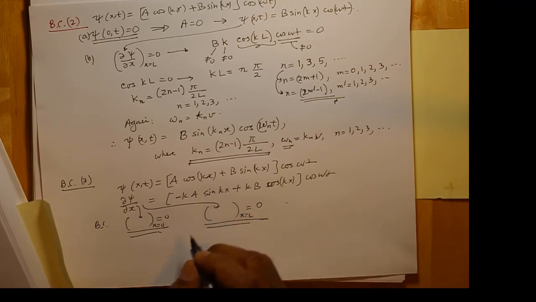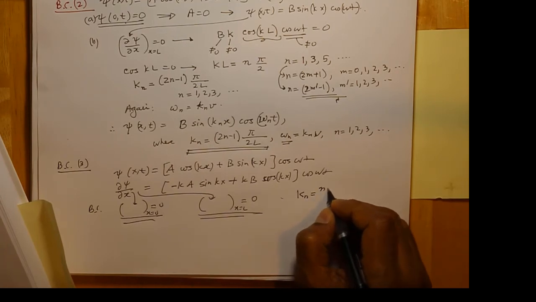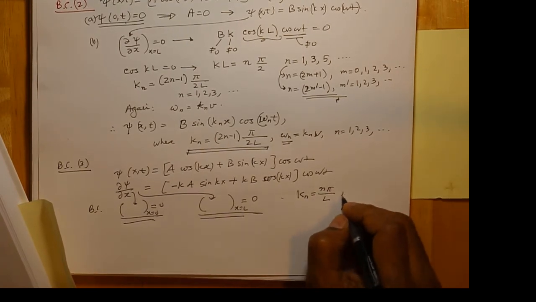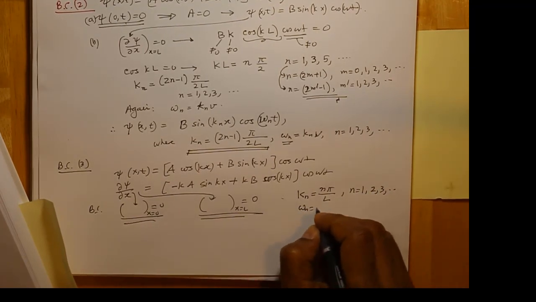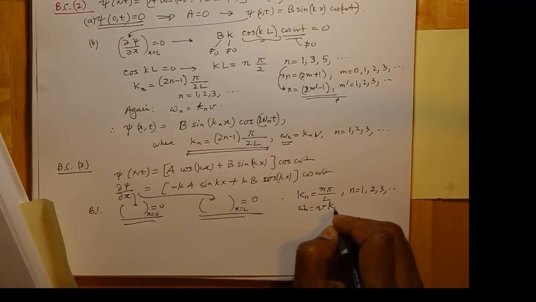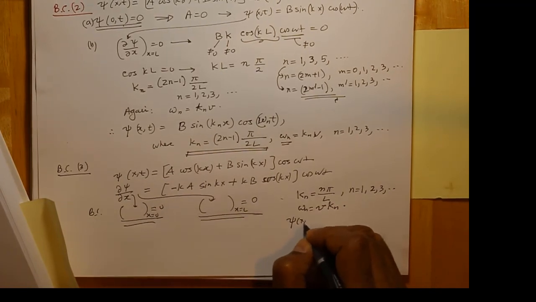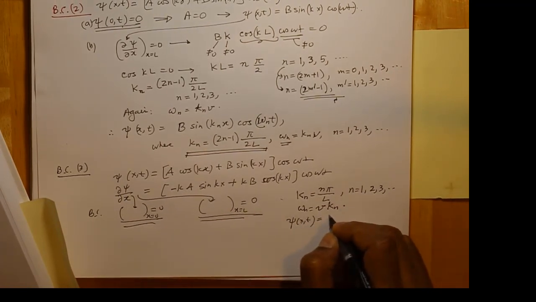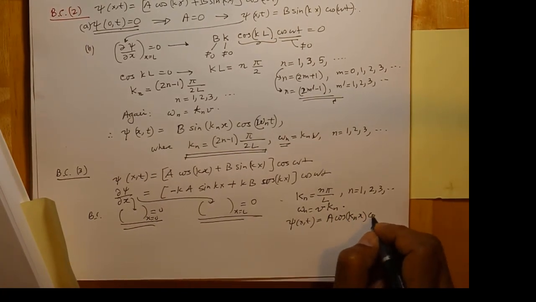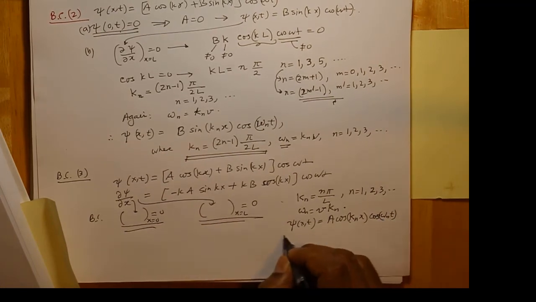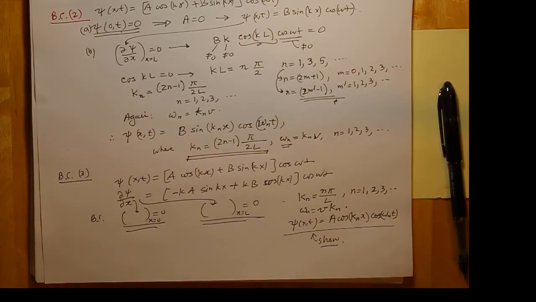So k_n will be n pi over L with n equals 1, 2, 3, but omega_n will still be v times k_n, but the psi x t will look like a cosine k_n x cosine omega_n t. So you should show this. I'll stop here for this video.